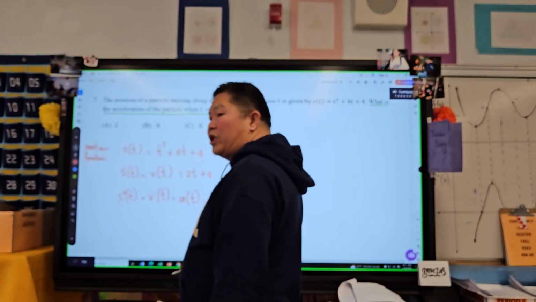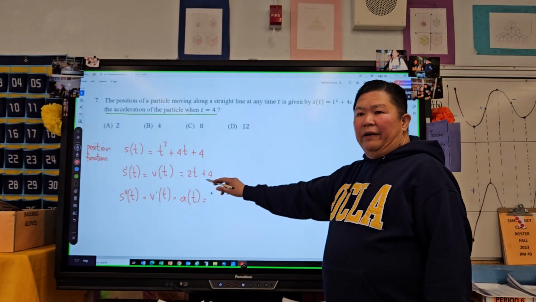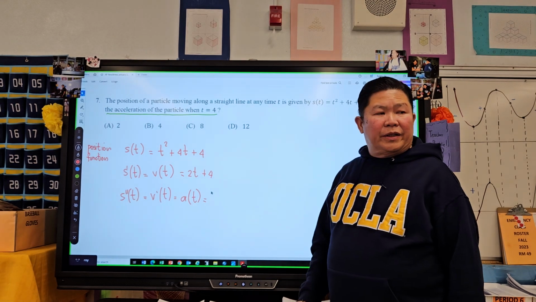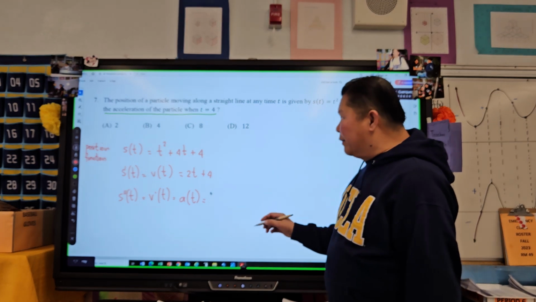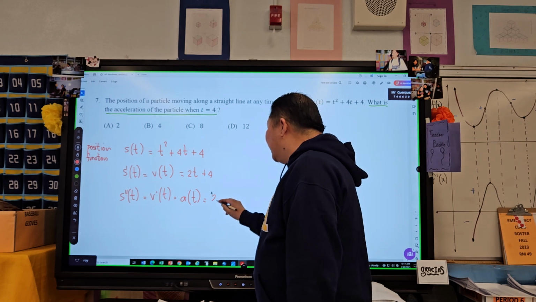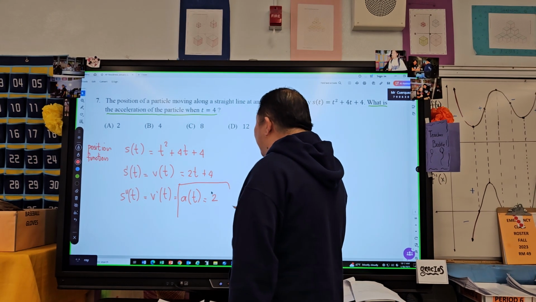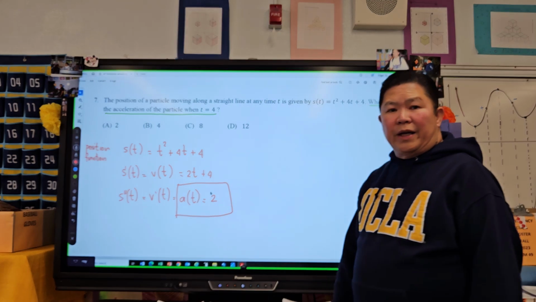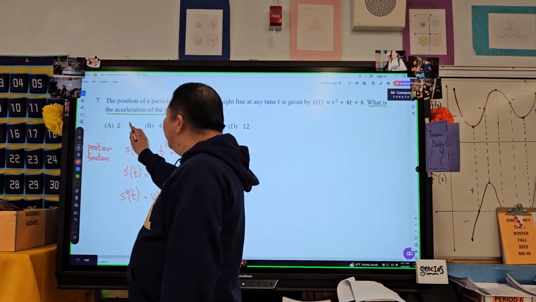So take the derivative of the velocity, 2t plus 4, and the acceleration is 2. The derivative of 2t is 2. Therefore, this is the acceleration. So what letter is it? It's gonna be letter A.